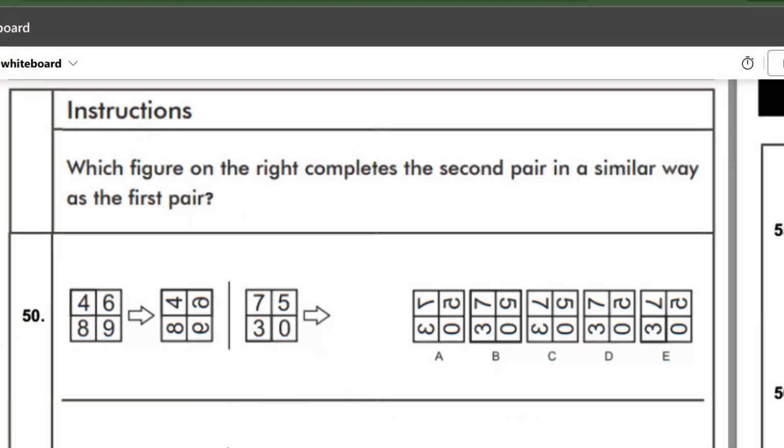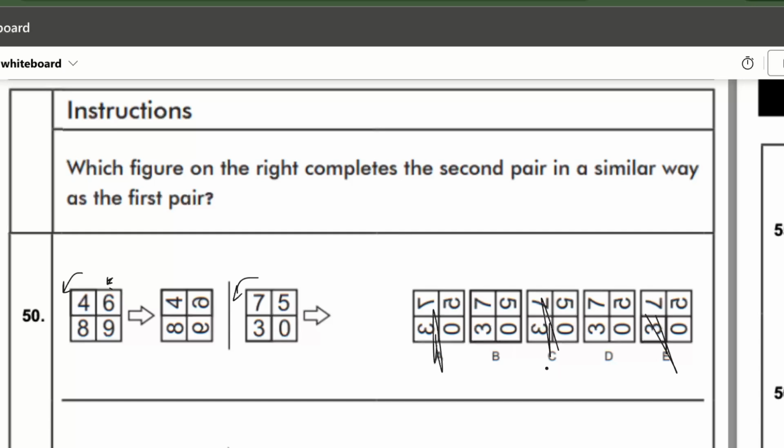Question 50, I focus on each element. So focusing on this F, it's going to do a 90 degrees anti-clockwise rotation, which means that 7 is going to point downwards. We can cross out A, C, and E. Focusing on the next element, let's do this one because that 8 is a little bit hard to follow. Let's do 90 degrees anti-clockwise.